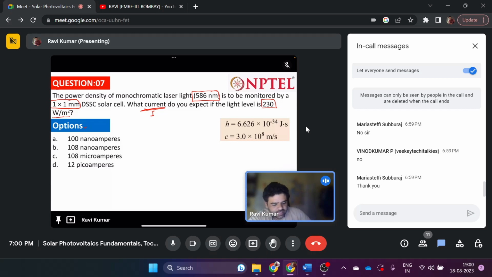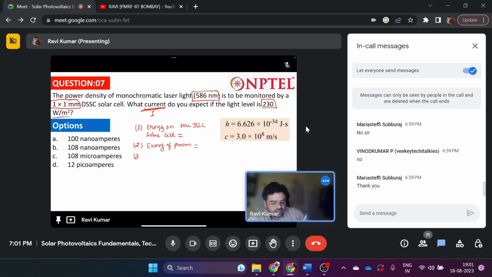I will just write the steps here. Step 1: energy on the DSSC solar cell. How much? Second, energy of a photon. How much?